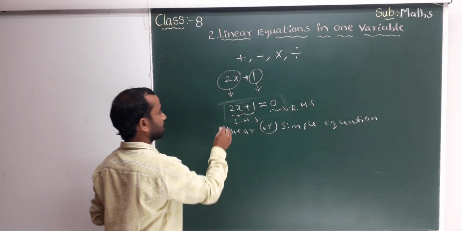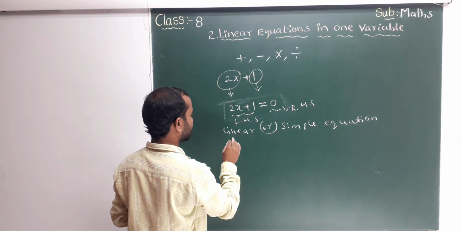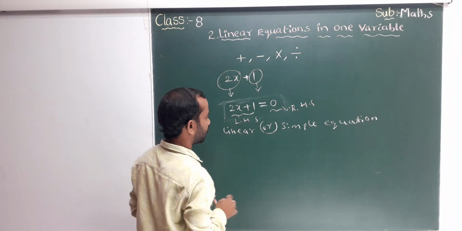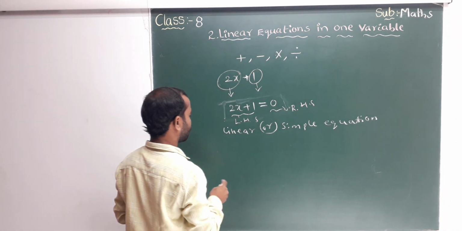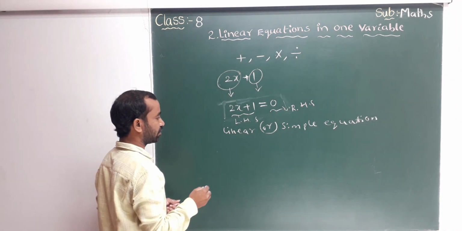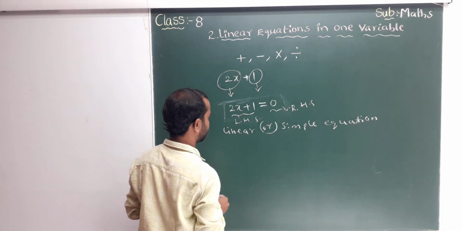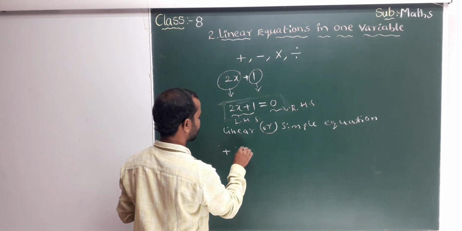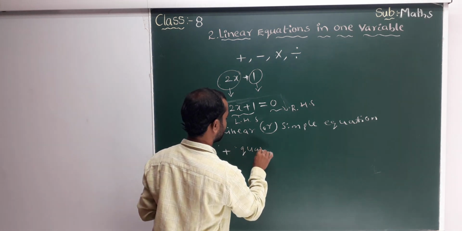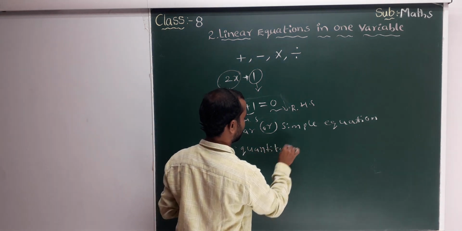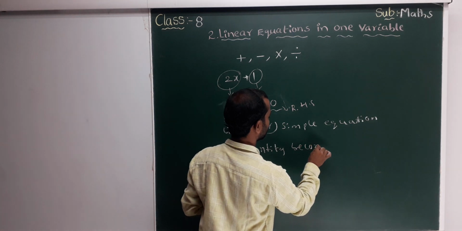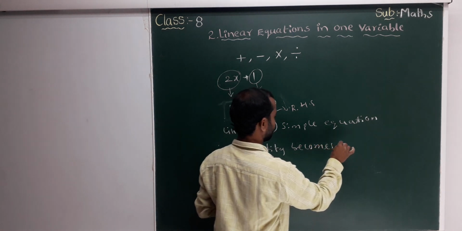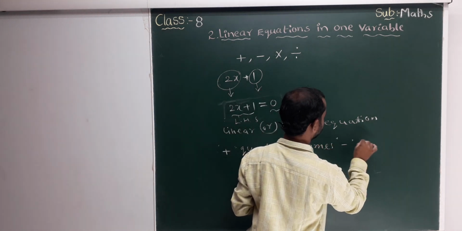In an equation, when we transpose each term to the other side, the quantities will be changed. For example, a plus quantity becomes a minus quantity.